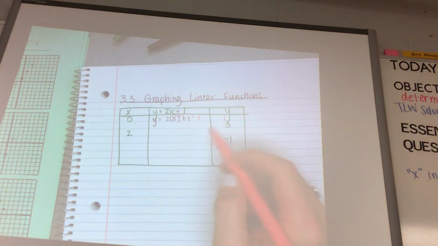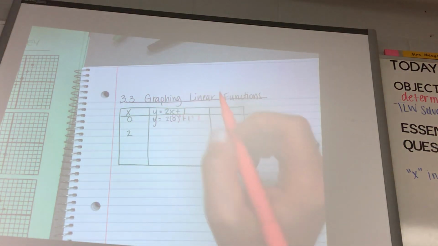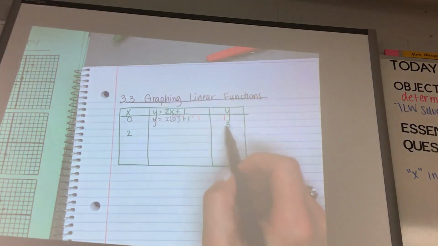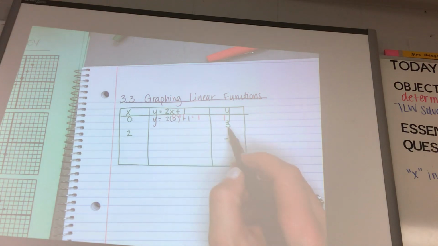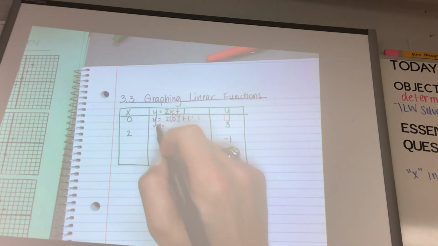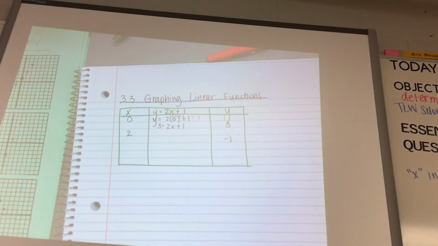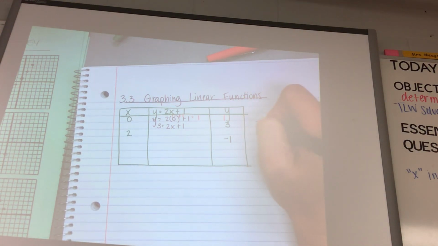Okay? So next, they give us the y coordinate. So we're just going to do the same thing. We're going to plug in y, 3 equals, where it says y equals 2x plus 1. All right? So now we can solve for that. 3 equals 2x plus 1. We're trying to get x by itself. So this is just like an equation.